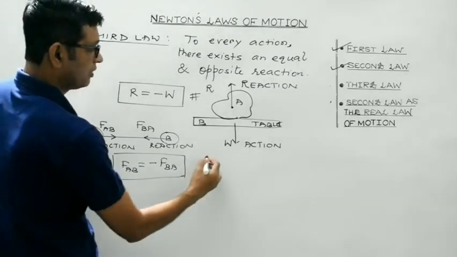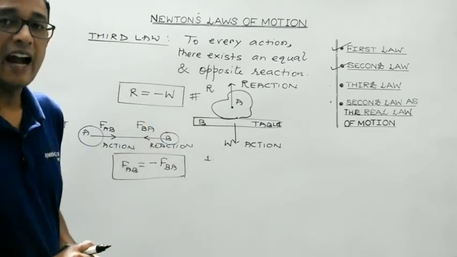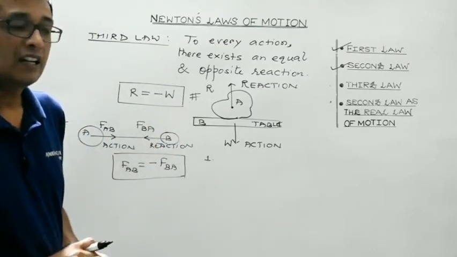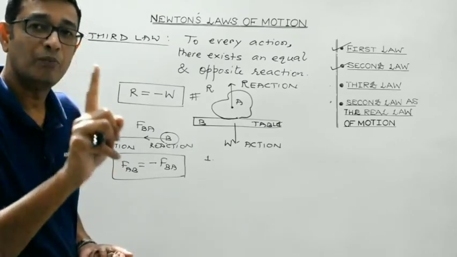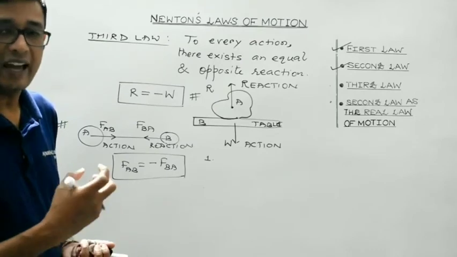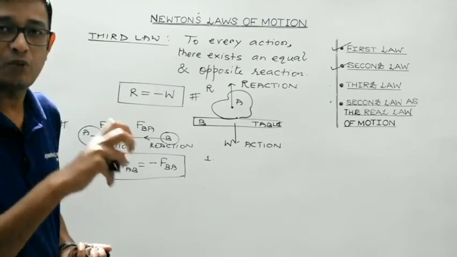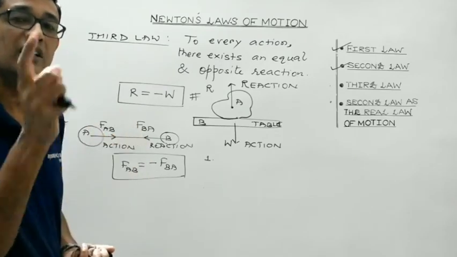Now, first point, action-reaction acts on a body and it is immaterial whether the body is at rest or in motion. Remember, action and reaction, these are the forces which can act on a body whether the body is at rest or the body is in motion.